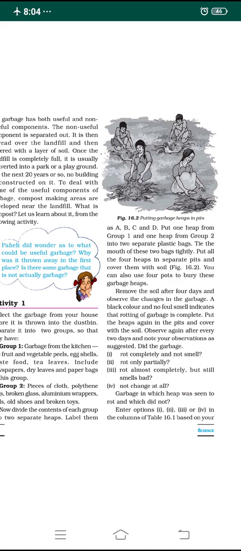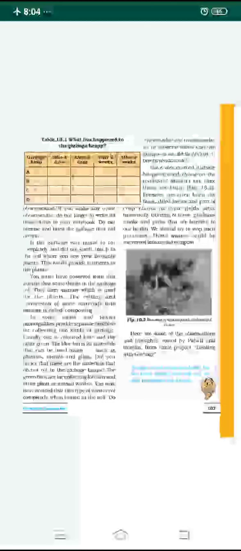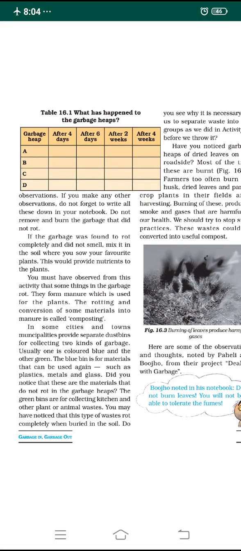See in which heap the garbage was seen to rot and which it did not. Observe it carefully, and enter the options 1, 2, 3, 4 in the columns of table 16.1 based on your observations. If you make any other observations, do not forget to write those in the table.